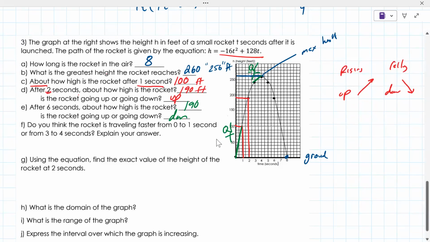The steeper one is harder to hike. This one is steeper here in the beginning, so it's going faster. And you want to say something about it being steeper.